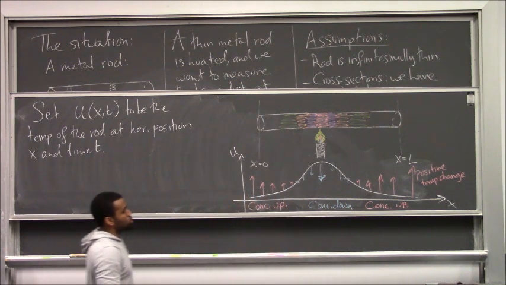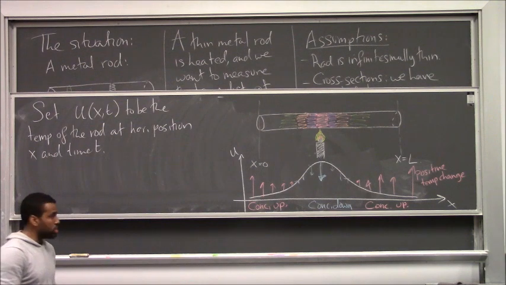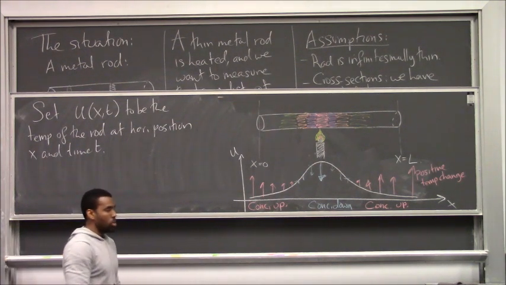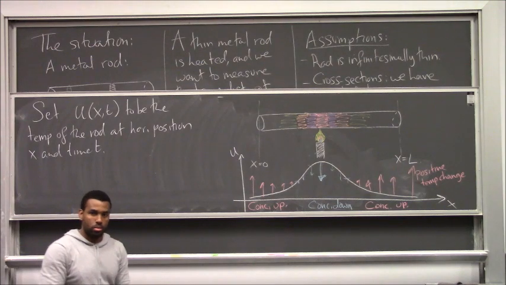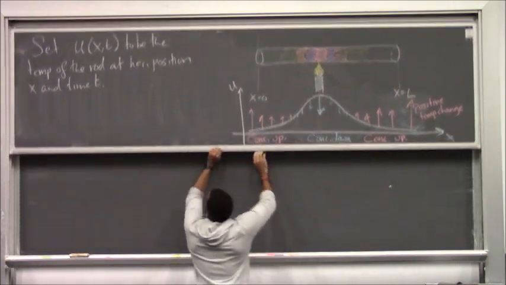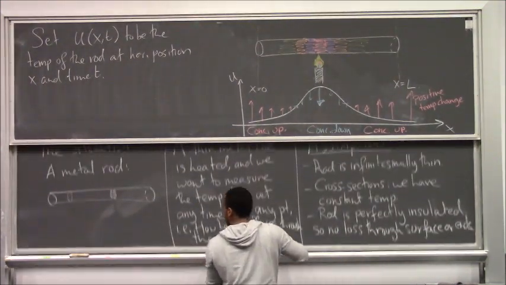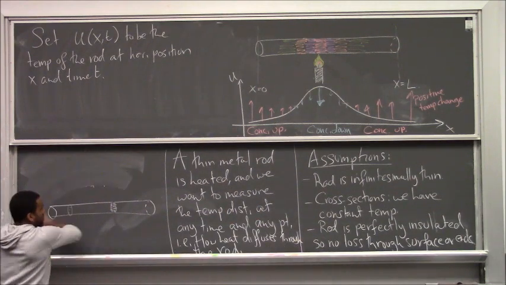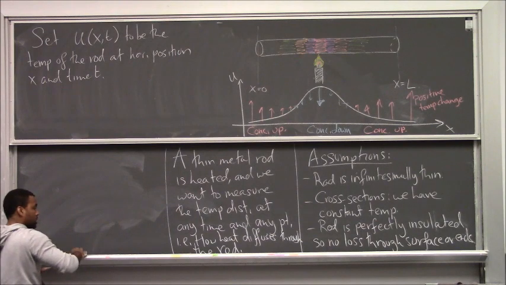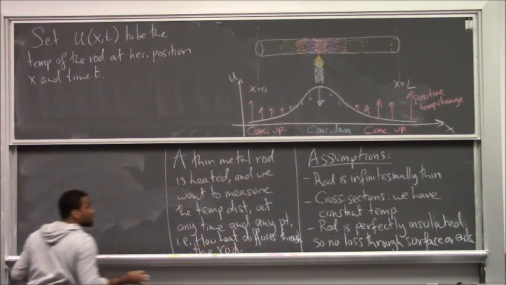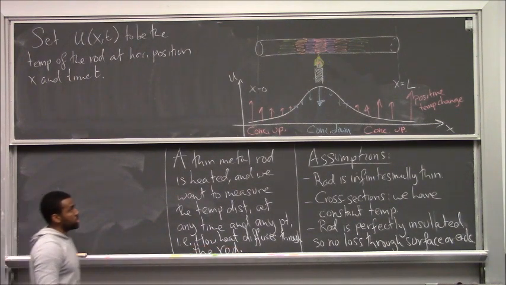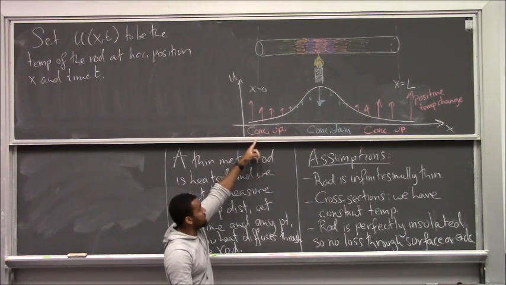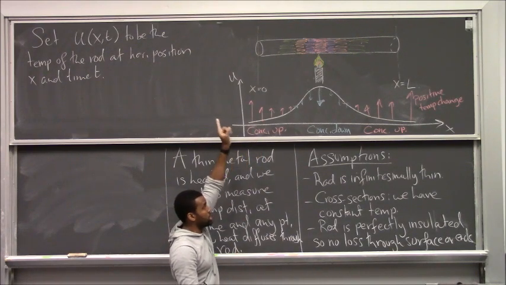And the crucial observation here is to notice that the temperature change and the concavity will always have the same sign. Whenever it's concave up, the second derivative is positive, the temperature change is positive.